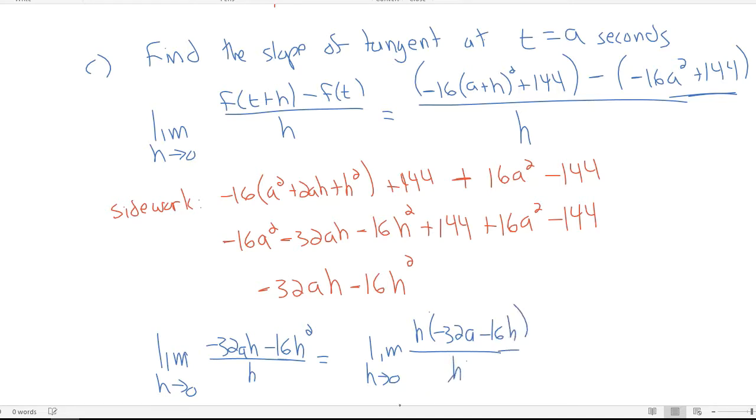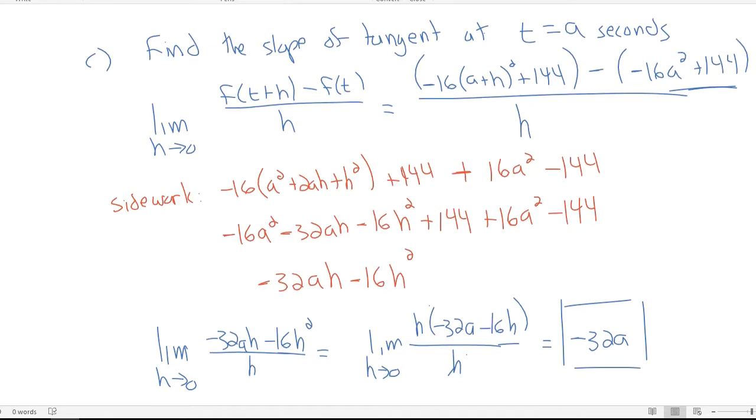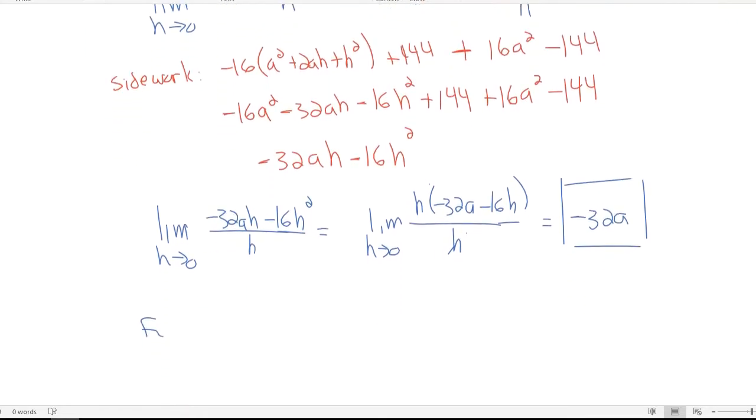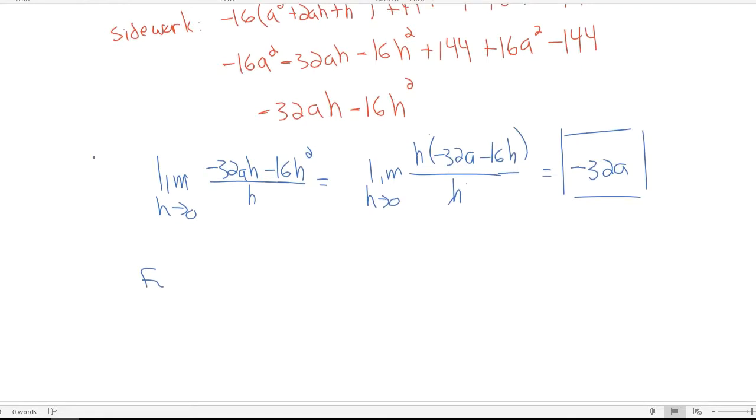The h's are going to cancel, and then I'm going to plug 0 into the h value. So after the h's cancel, I'm going to plug 0 into the h, so I'm going to end up with negative 32a. So this is the slope for every tangent line at any t equals a seconds.